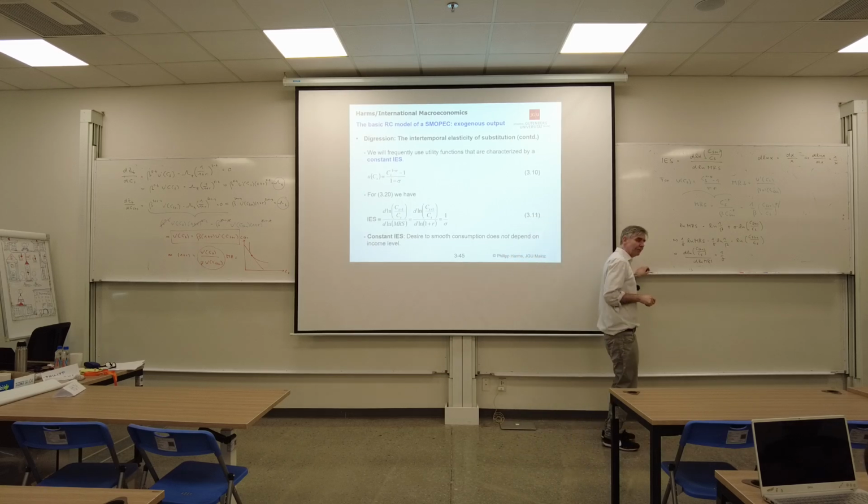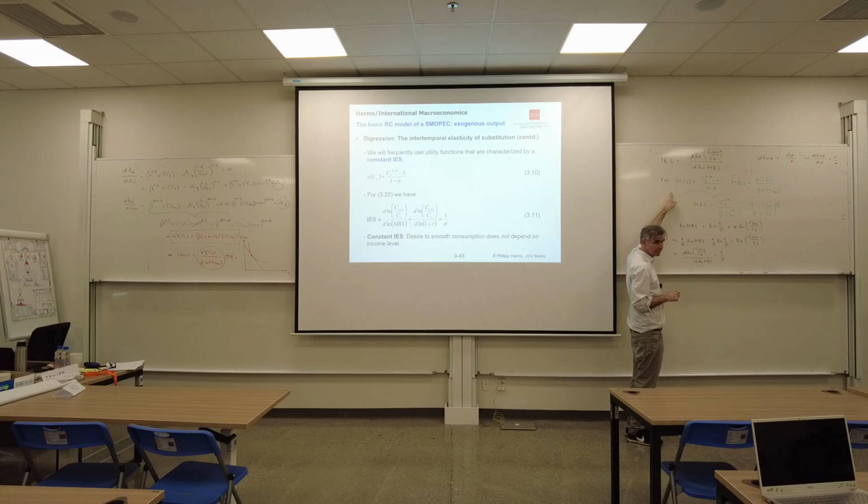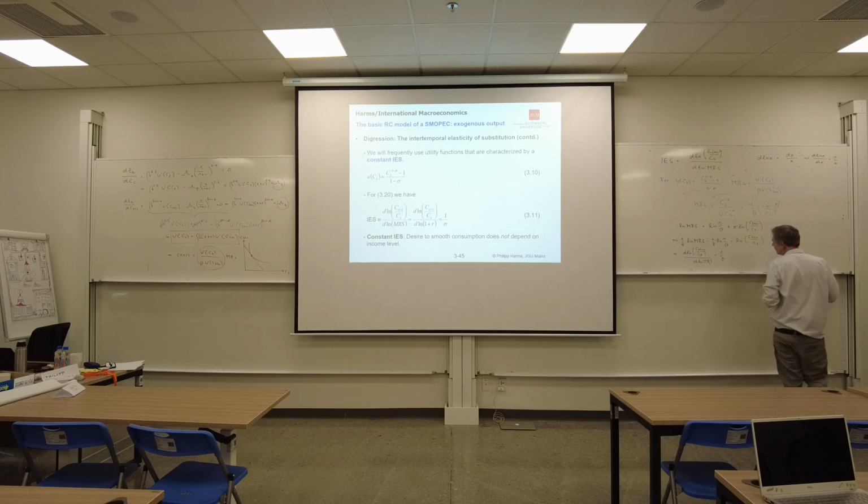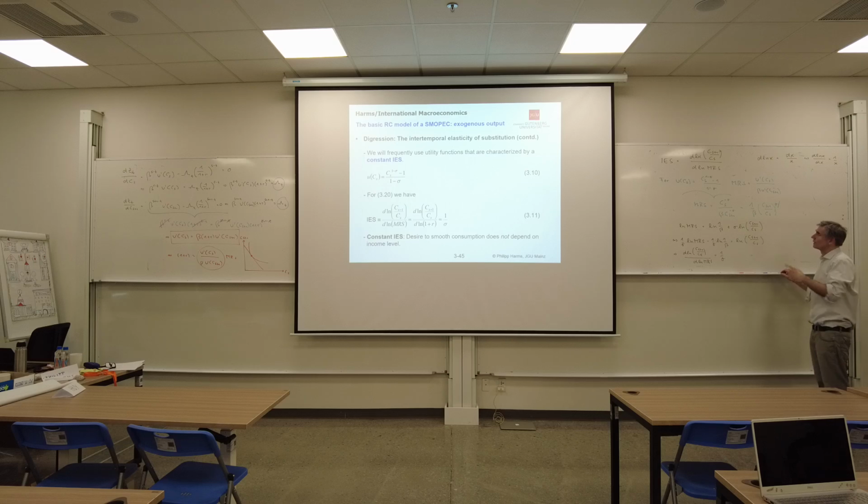Now, let's make a long story short. For this utility function, the intertemporal elasticity of substitution is 1 over sigma. Now, for this utility function, the coefficient of relative risk aversion is sigma.